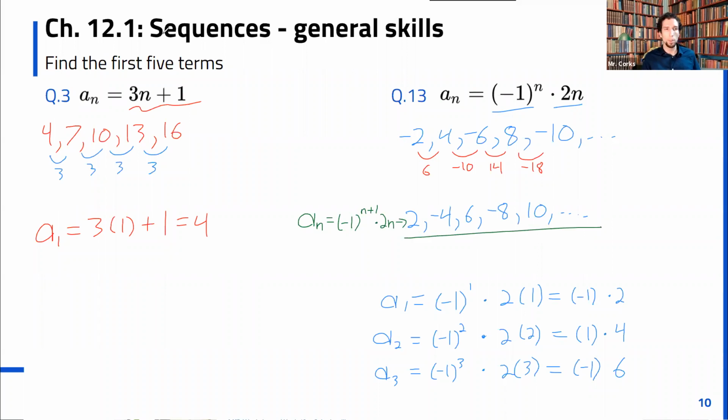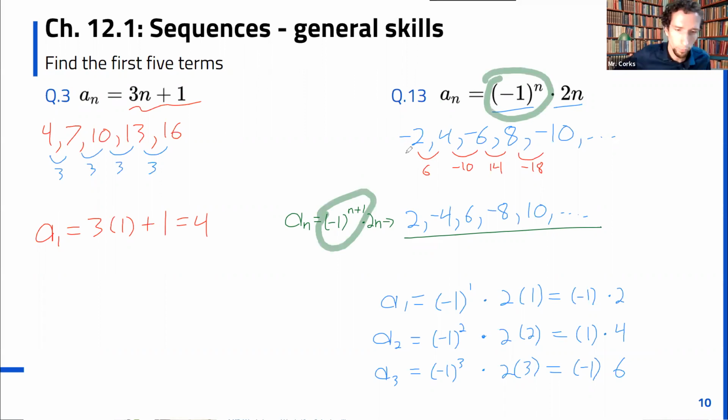So this is a common way of handling this. If you want a negative, positive, flip-flop pattern like that, then either negative 1 to the exponent n or negative 1 to the exponent n plus 1, depending on which one you want to start off, if you want it to start positive or start negative.